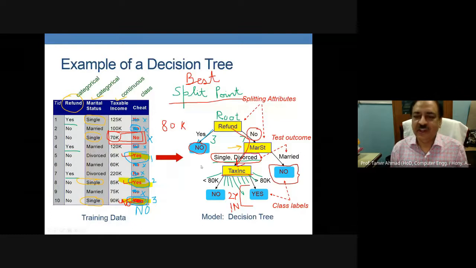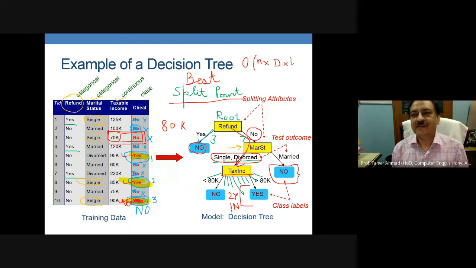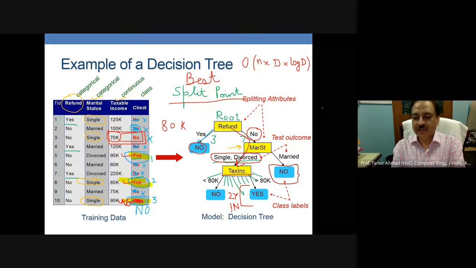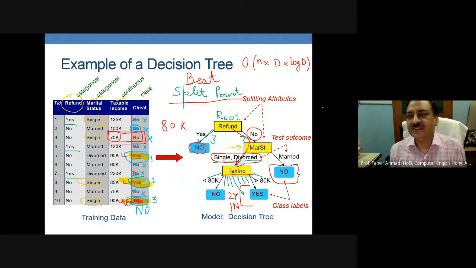Now let us come to the complexity of the algorithm. The complexity of the algorithm is given by order of n into d into log of d, where n is the number of attributes, which in this case is 3, and d is the number of training tuples in the database.